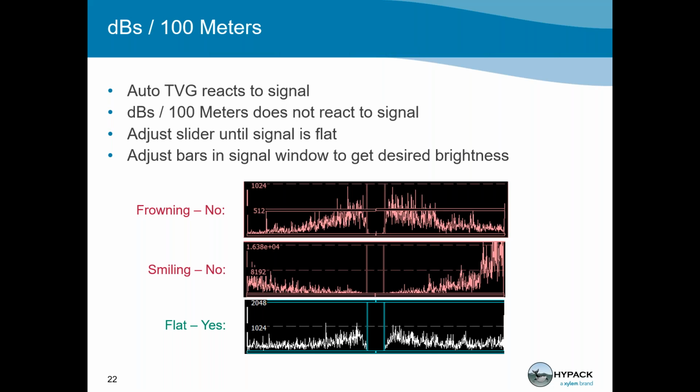So sometimes, if you go over something metal and your brightness suddenly spikes, you can see this sort of streaking as you pass over it, and that's the Auto TVG curve adjusting its brightness to accommodate that sudden spike in reflectivity.